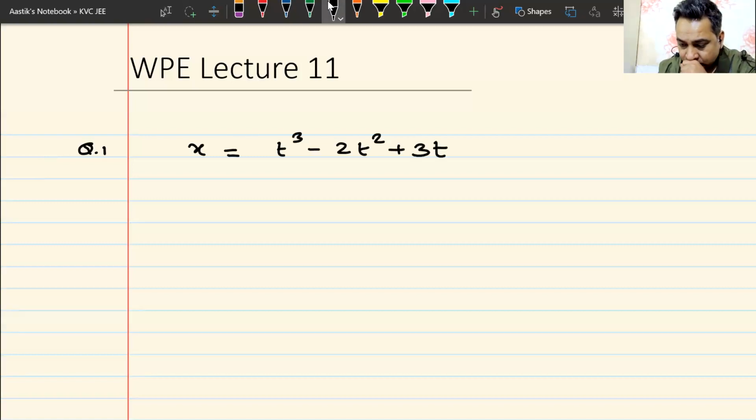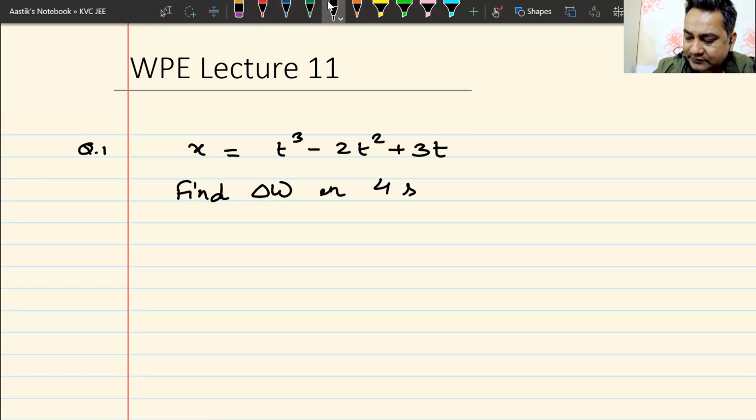X was given as a function of time, and you had to find the work done by the force in, let us say, 4 seconds. I think I may have missed what x was.